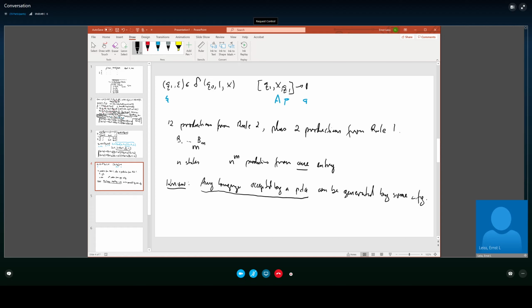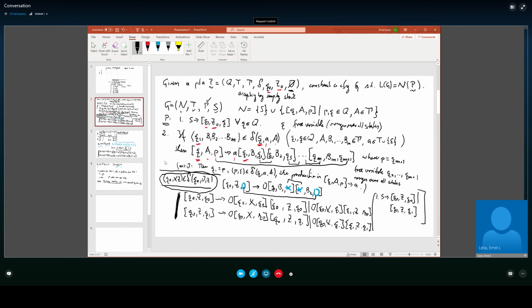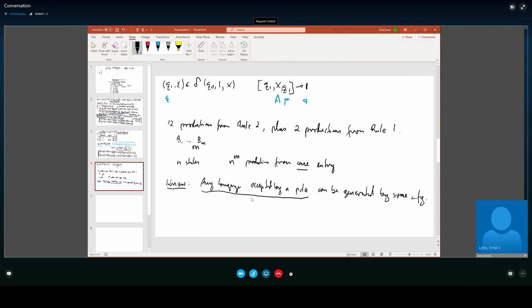And now that push-down automaton that we get, that accepts by empty stack, is then the push-down automaton to which we apply this construction of a context-free grammar. And so that context-free grammar will then generate the language that this push-down automaton accepts.